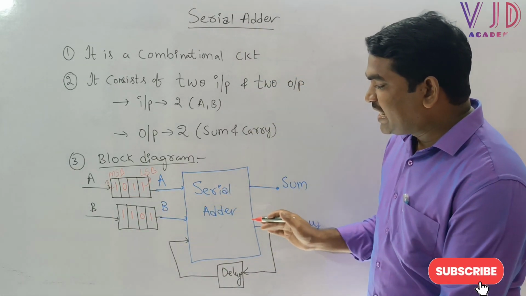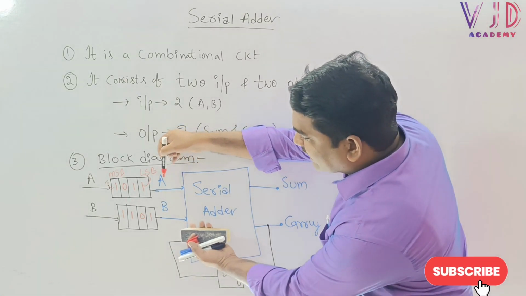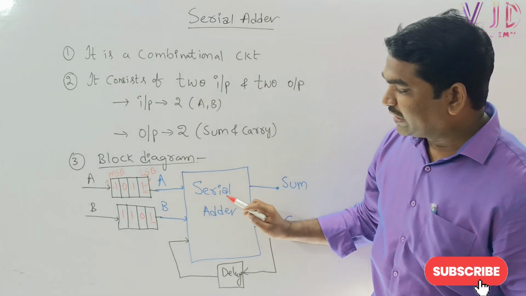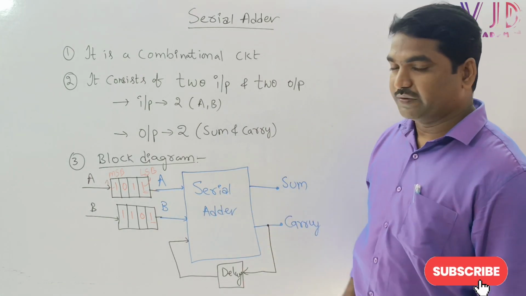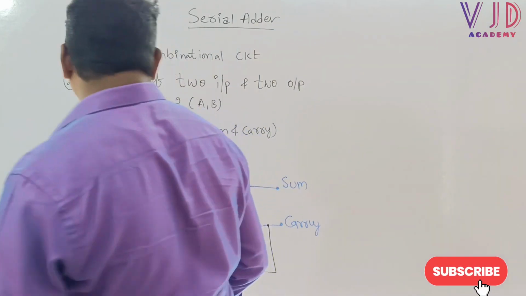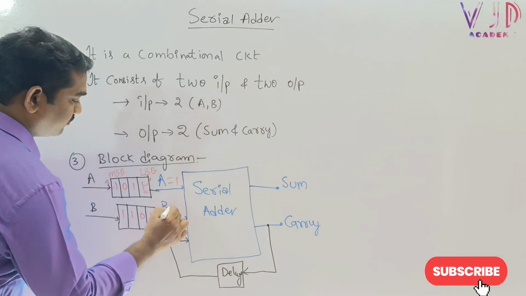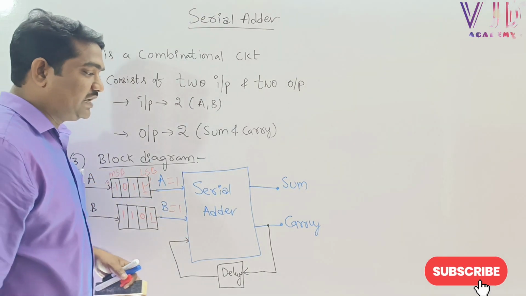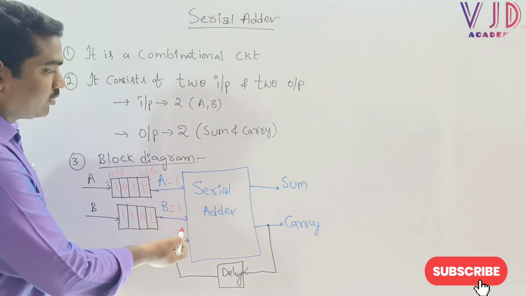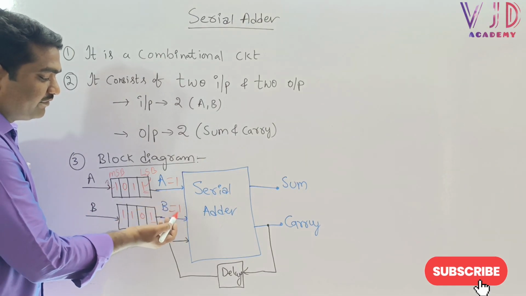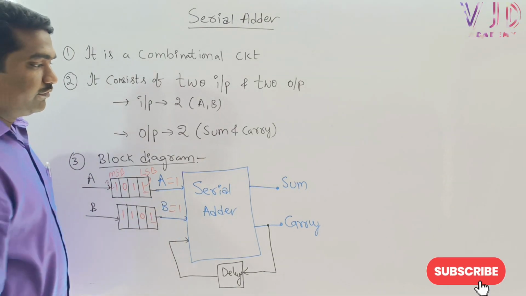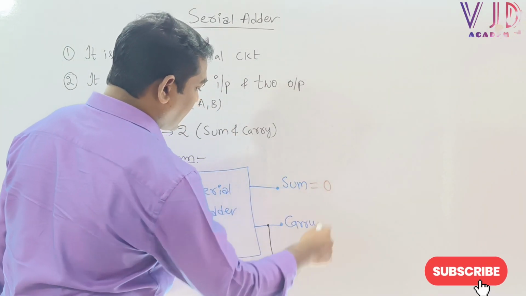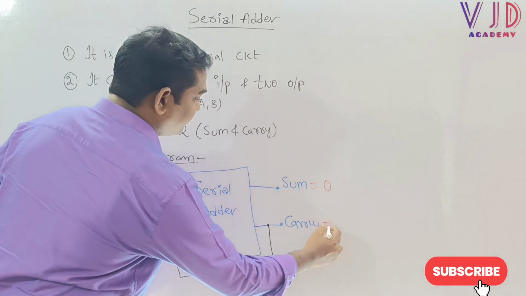Now the serial adder will first collect the LSB bit, 1 here and 1 here, so A equal to 1 and B equal to 1, and it will try to add A plus B. We know that when we add 1 plus 1, the output is 0 and the carry will be 1.